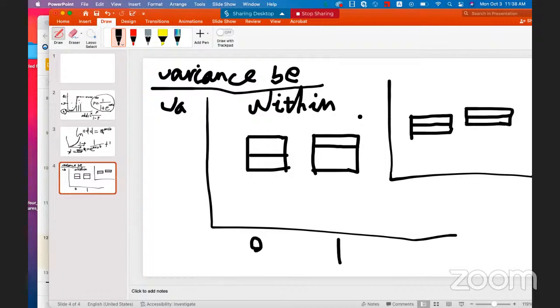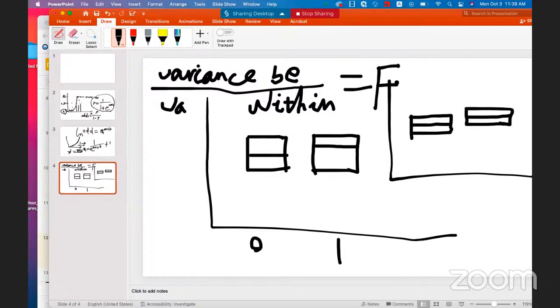So the result is much larger here, because the variance within each group is much smaller. This number at the bottom is much smaller. We call this the F score.